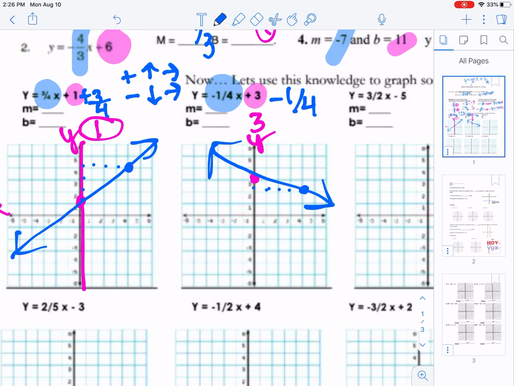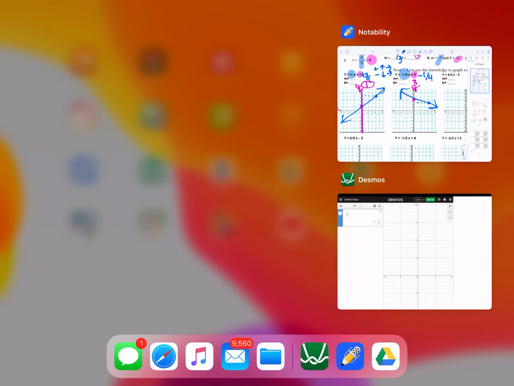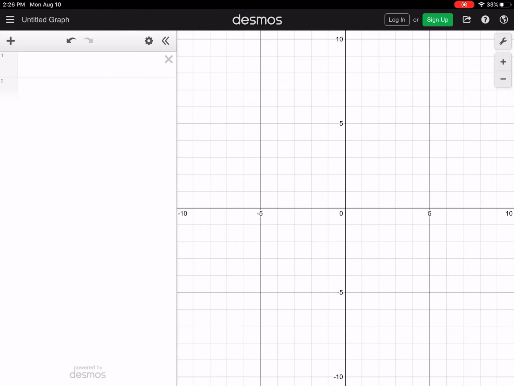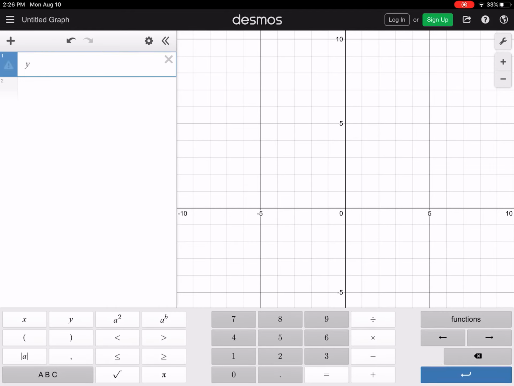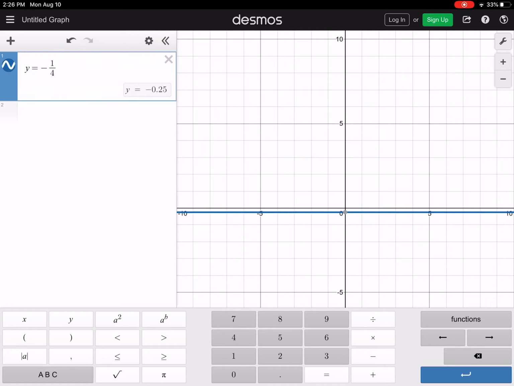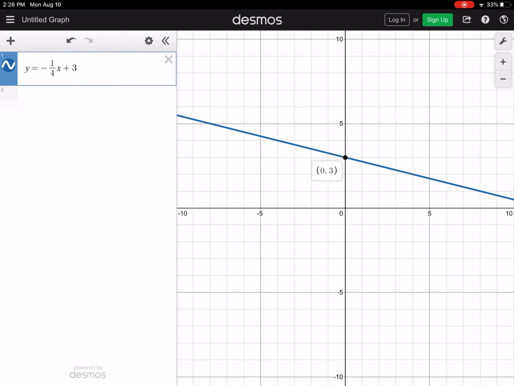The other way that we could figure out how to graph is we could just use Desmos, and you will have access to Desmos on all of your tests and quizzes moving forward. So if I typed in the equation y equals -1/4 x plus 3, I can see that my y-intercept is at 0, 3. And if I wanted to see more points that are on my table to plot that graph, I'd just hit the settings wheel.